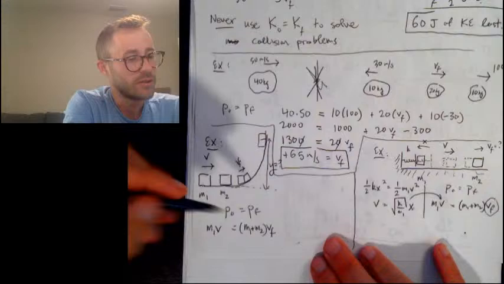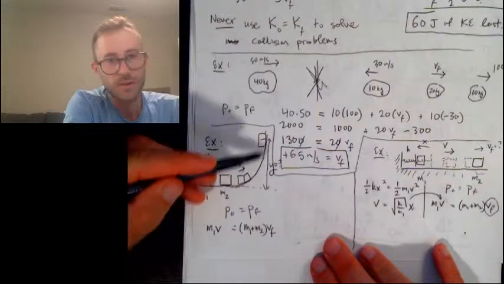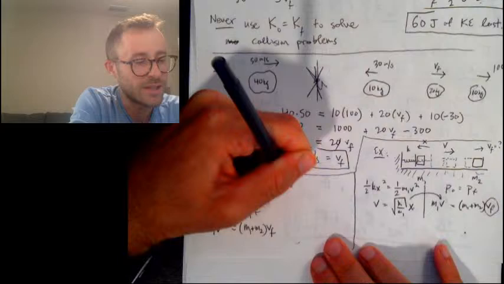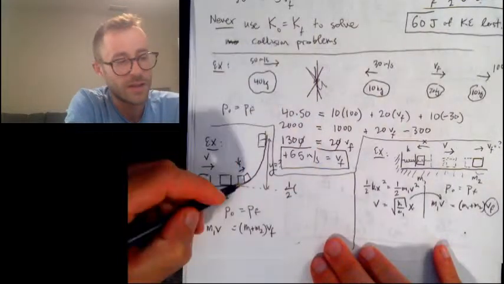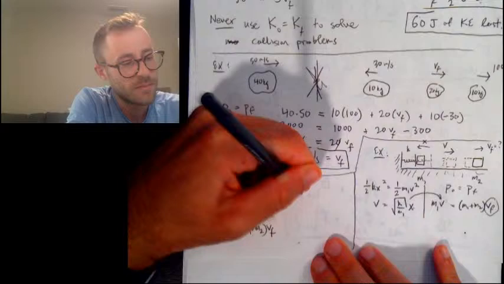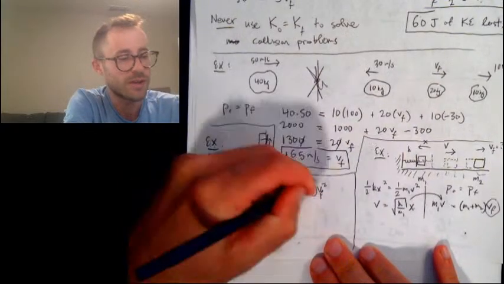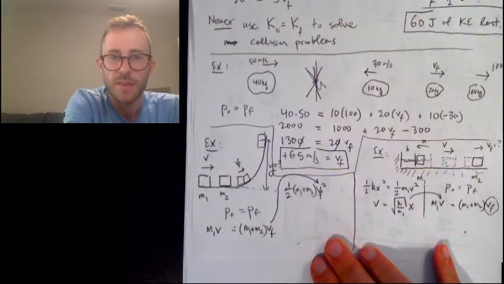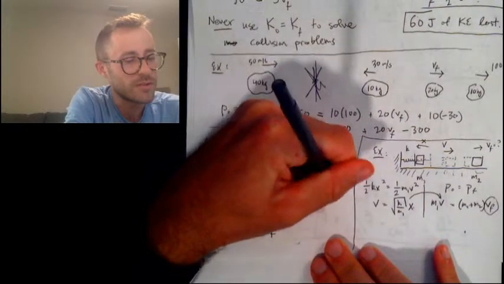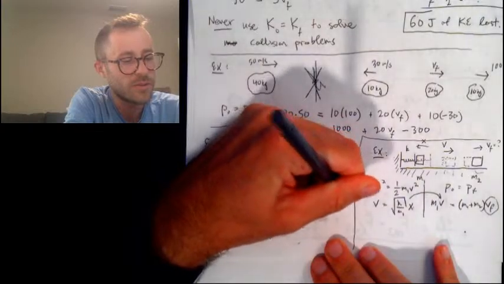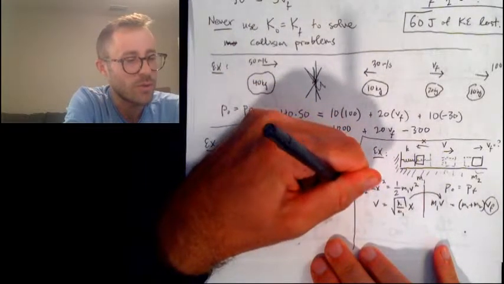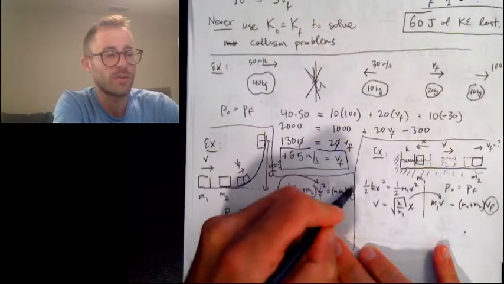So that kinetic energy that this pair of blocks have while they're stuck together becomes gravitational potential energy, and that determines how high it's going to go. So now we have kinetic energy, 1/2, and it's both the masses together, m1 plus m2 times v final squared. So this v final that was calculated right here becomes gravitational potential energy, m1 plus m2 g times y. And we could solve for y.